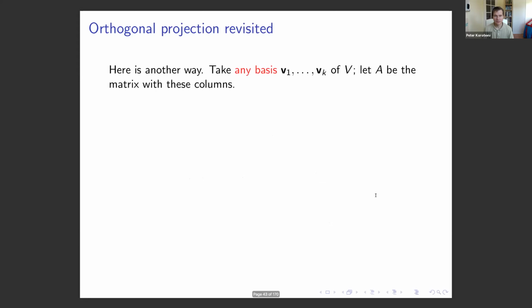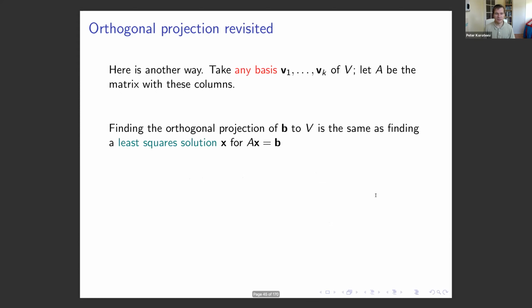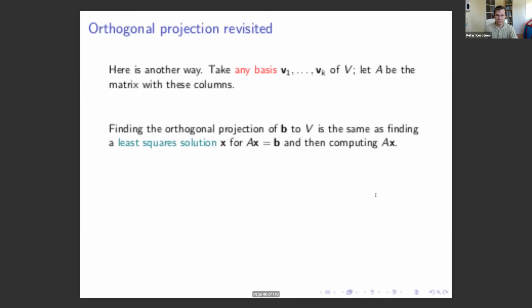Here's another way. We take any basis v1 through vk of V, and let A be the matrix with these vectors as its columns. Now, finding the orthogonal projection of b to V is the same as finding a least squares solution for Ax equals b, and then computing Ax.